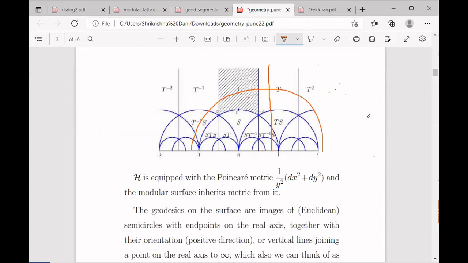And it turns out that these objects account for all the geodesics in the hyperbolic plane. And since the metric on the modular surface comes from the upper half plane anyway, the geodesics on this will be the images of that. So if you start from here and the geodesic is going like this, then from this point, this point is the same as this point, and the direction is the same as that.